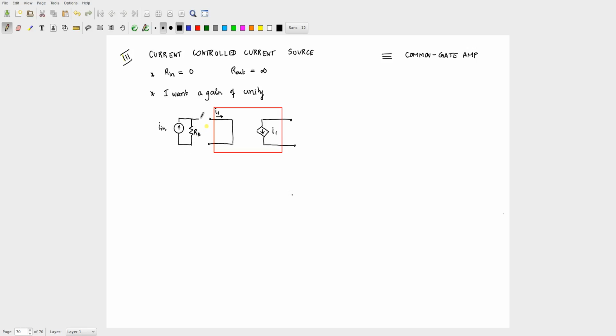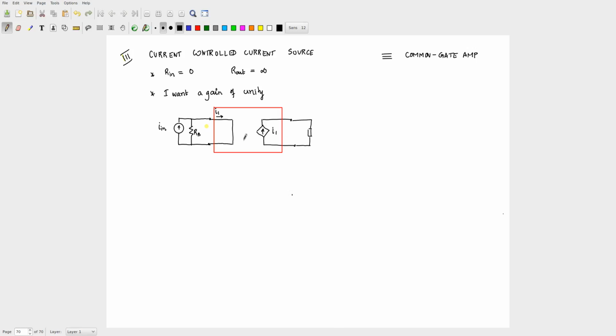And then I feed this in here, and what will I get? And then I put a load here, correct? So what is the current flowing through the load? So am I correct with the way in which I put the arrow here? Should I put it this way or that way? Which is better? This is better, right?